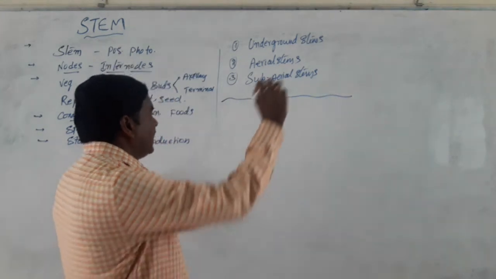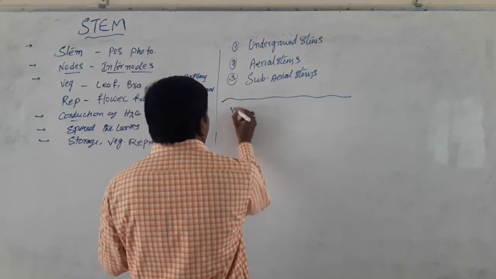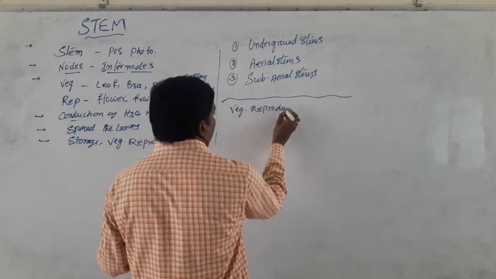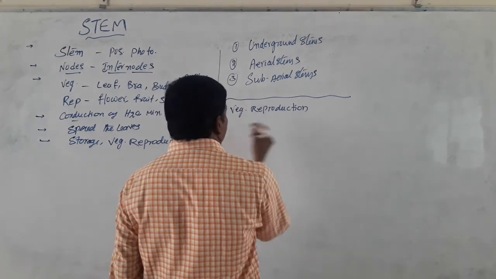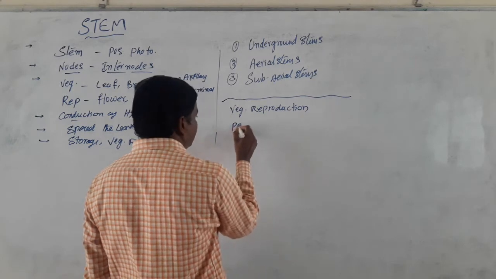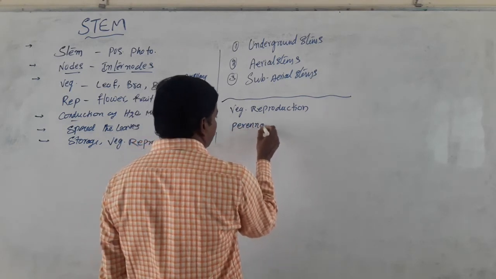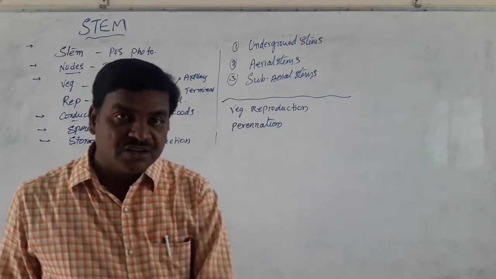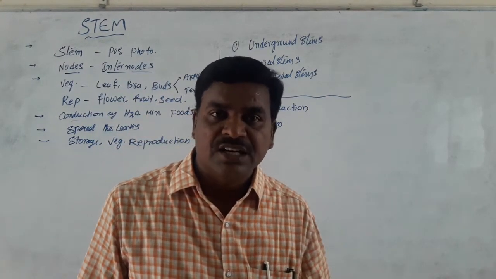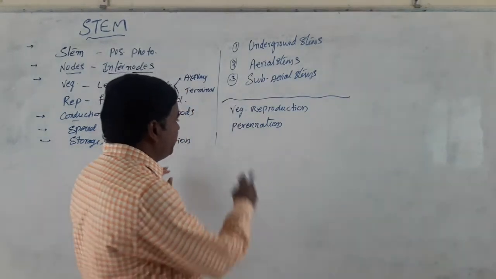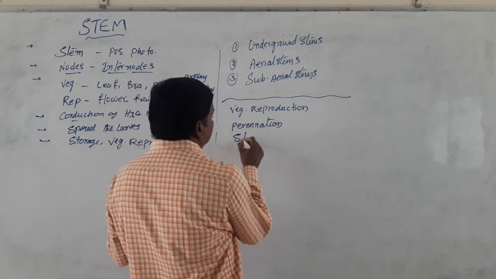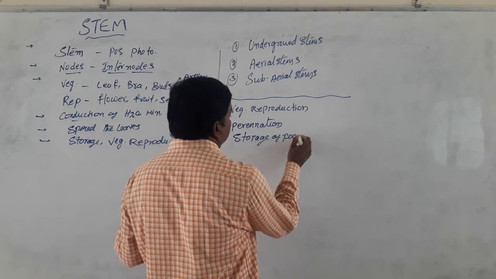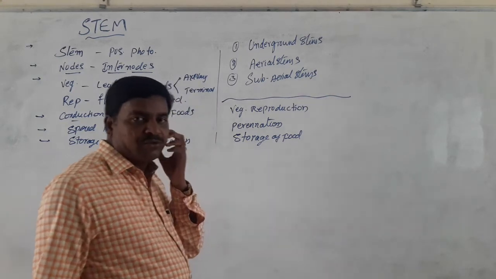They help in vegetative reproduction and also help in perennation. Perennation means continuation of the stem from one generation to the next generation. And also they help in storage of food materials. They also store some amount of food materials.